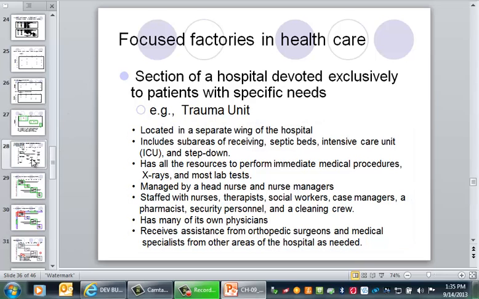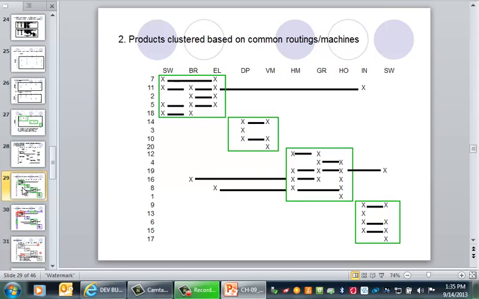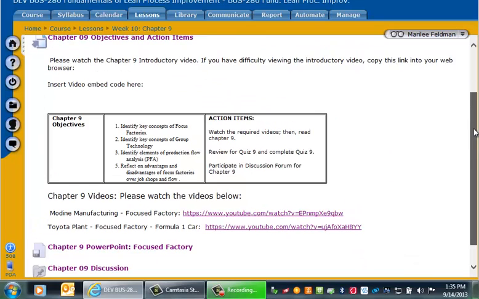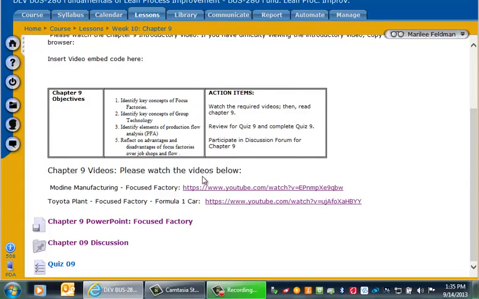I'm going to go ahead and get out of this and go back to your lessons tab. I think this is enough introduction to get the main concepts out to you. What I'd like you to do now is watch the Modine Manufacturing Focused Factory video and get a really good idea of what a focused factory is.